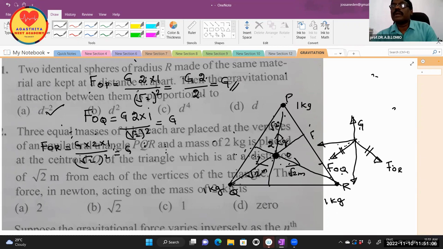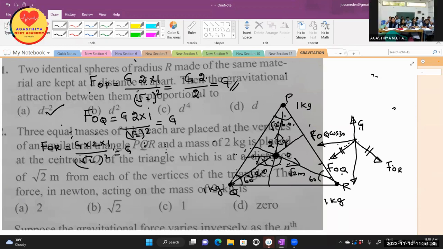This horizontal component is, say, FOQ cos 30. Why cos 30? This angle is 60 degrees, in a triangle, 60 degrees at the top, and then here 30 degrees. Understand?